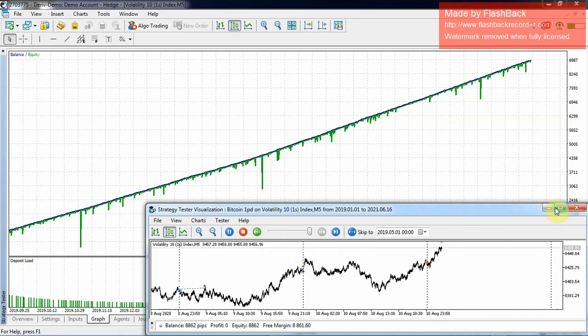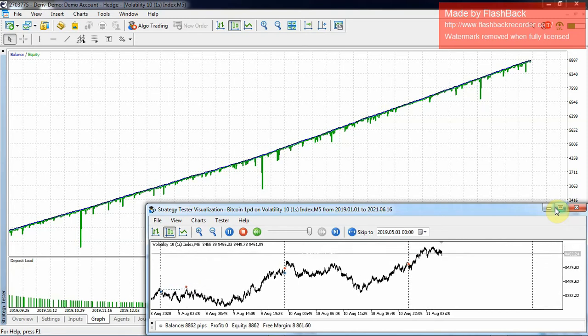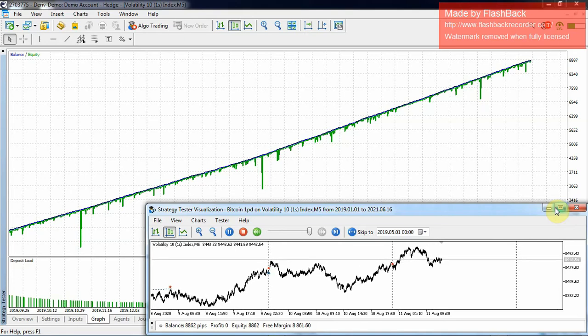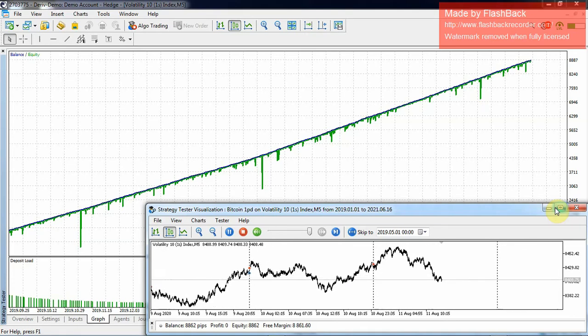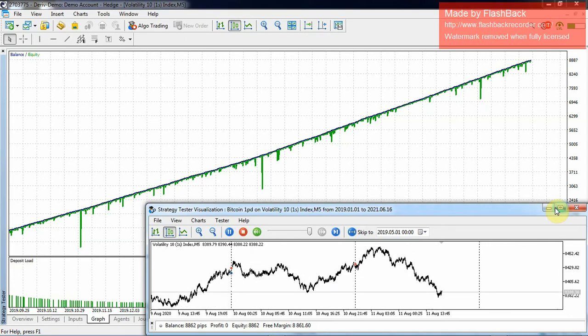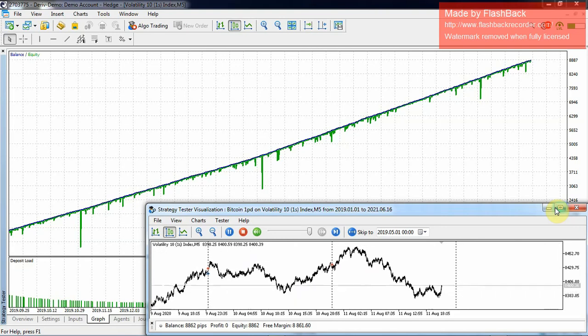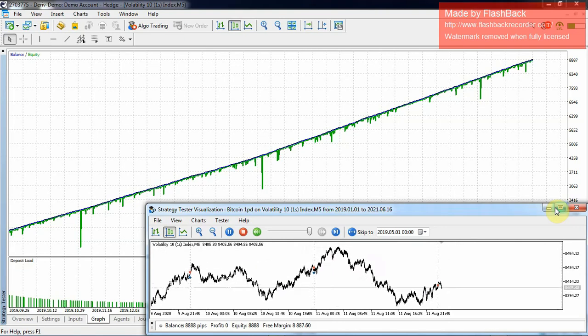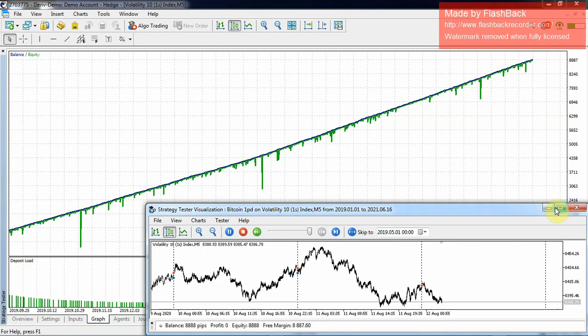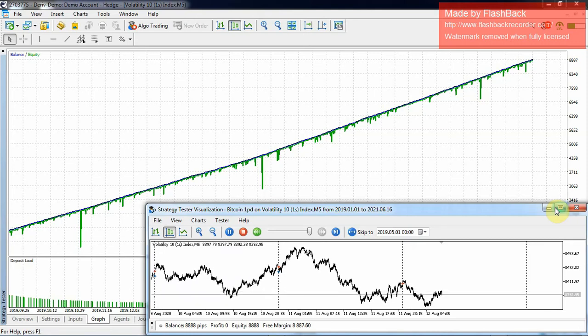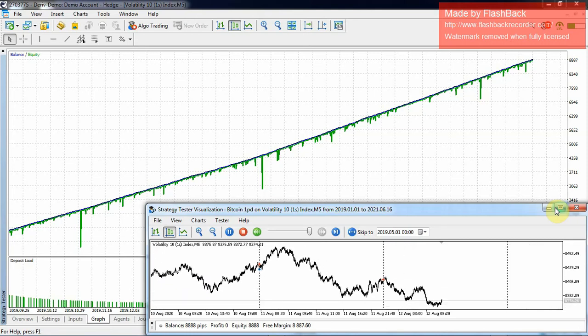We are going against that, and that's the only thing that guarantees us consistency: going against the retail traders' mentality.